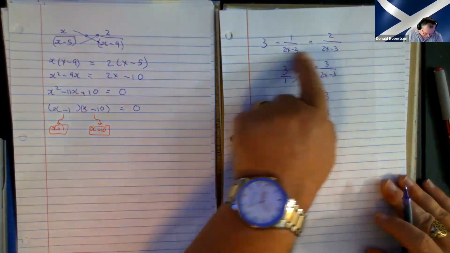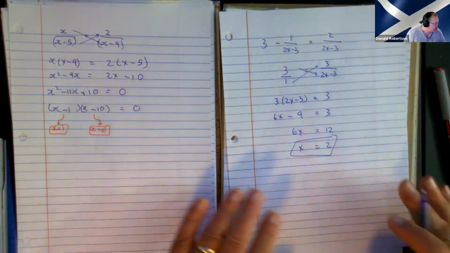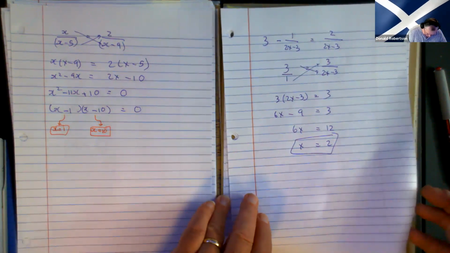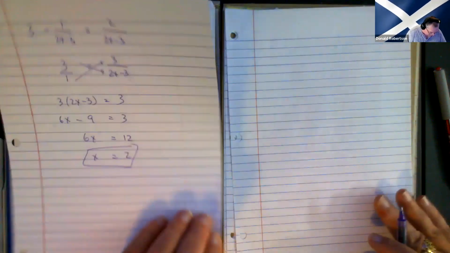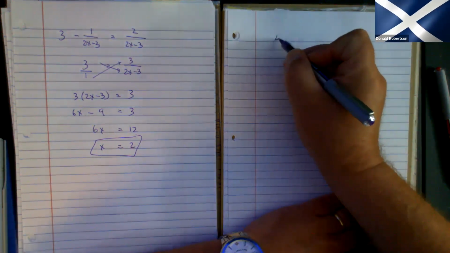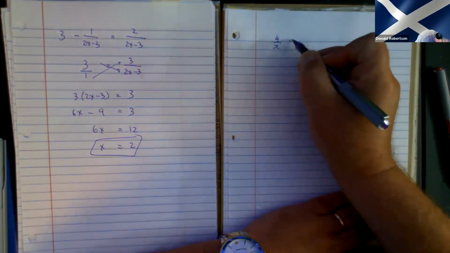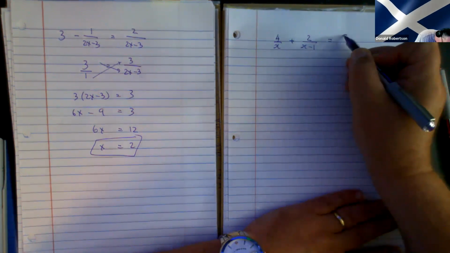So provided these fractions share the same common denominator, you can add and subtract them very easily. So what do we do when we get a combination that are not the same? So suppose I get 4 over x plus 2 over x minus 1 equals 5.